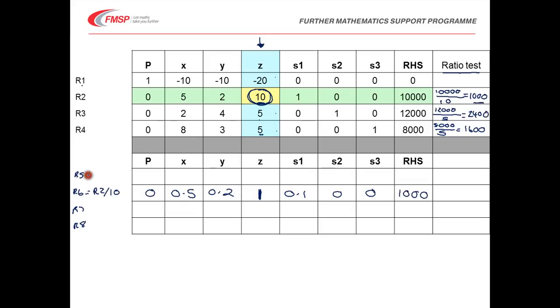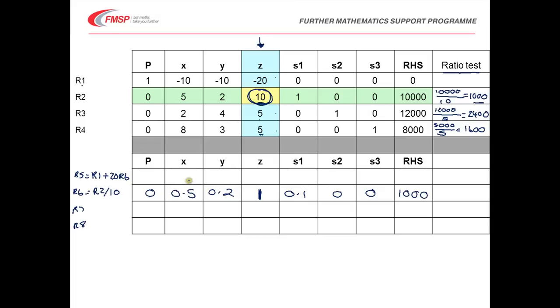So we're going to start by saying row 5 is going to be row 1 plus 20 times row 6, and it's always easier to work from the row that you've just reduced to a 1, because obviously you're not having to do such nasty calculations.